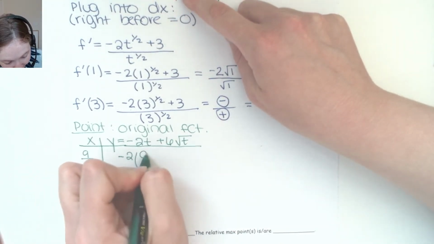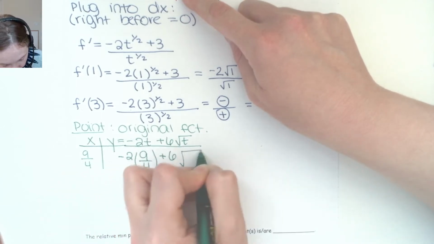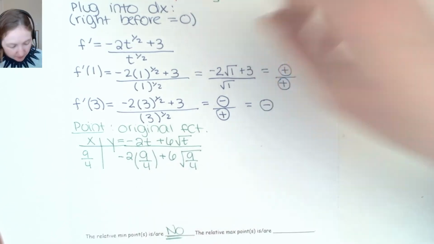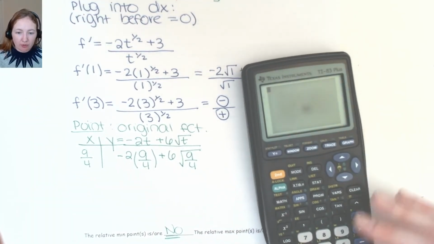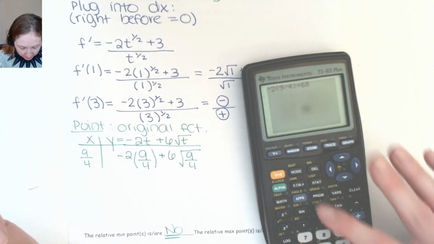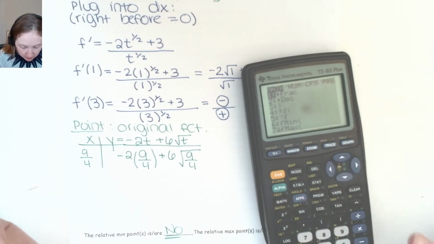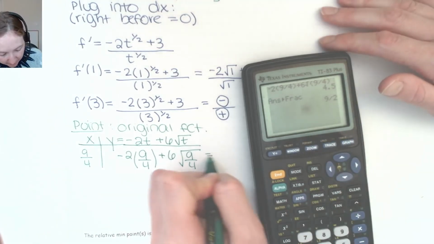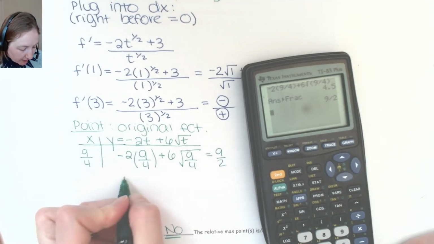And this is one of those cases where with the square root, your calculator might be hard pressed to actually convert the decimal to a fraction. We can try it, but that square root makes me feel like it's going to struggle with it. But let's see what it does. It should do it. It will give you 9/2. But if your calculator doesn't do that, you would multiply these straight across.